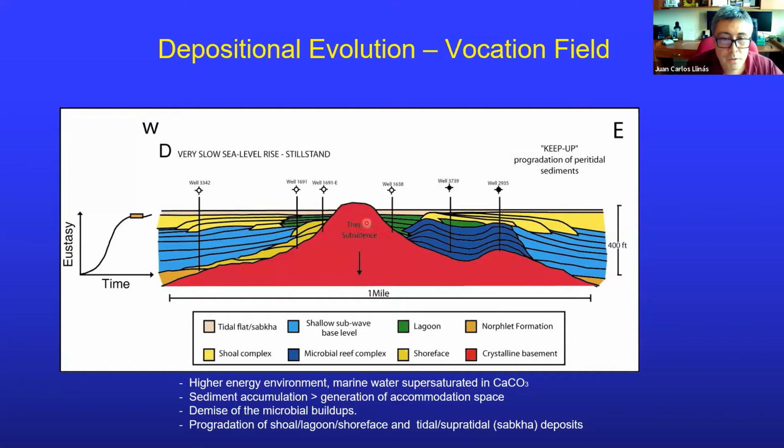And we switch to this shoal and lagoon complex that prograded rapidly outwards. Then we have the deposits of the tidal flats. So we have a change in environmental conditions at this point, which probably led to the demise of the microbial reefs, and their replacement by these higher energy deposits.